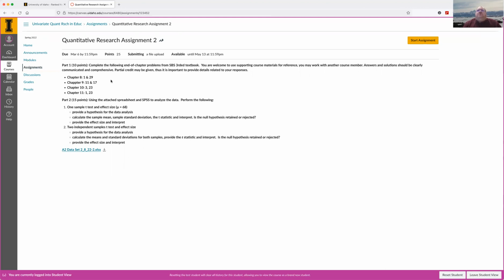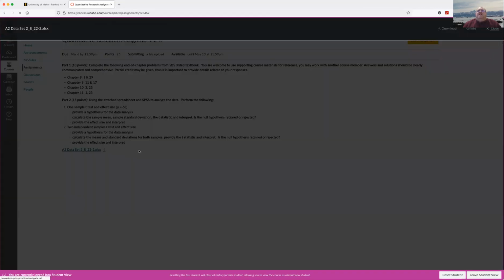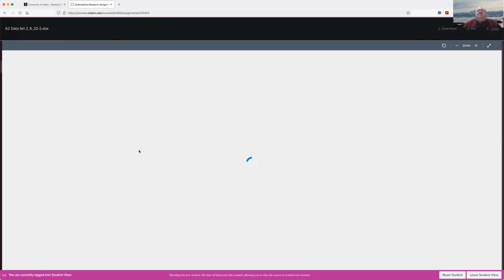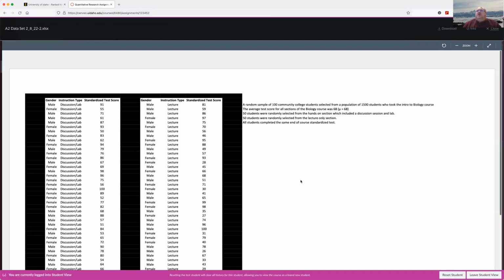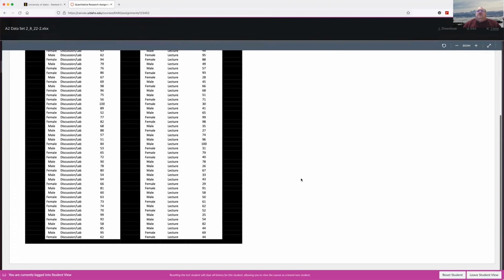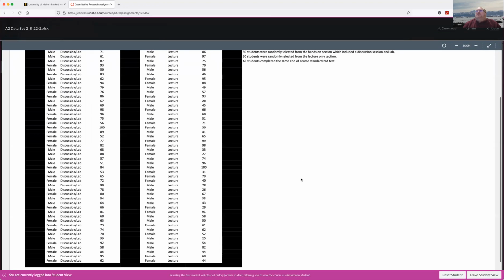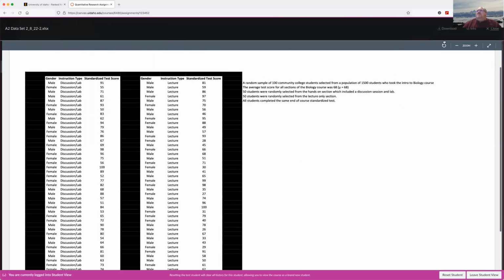And then in part 2, you'll use SPSS or a statistical calculator to conduct a 1 sample t-test and also a 2 independent sample t-test. And then your data set has been attached that you can use in order to conduct that statistical analysis.